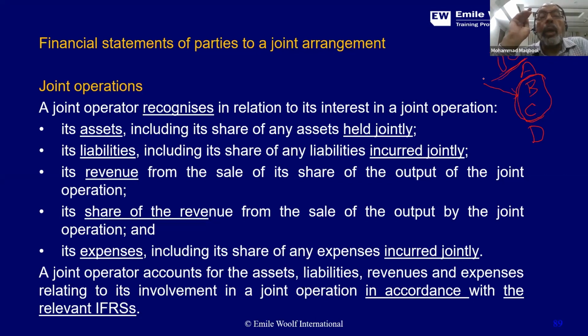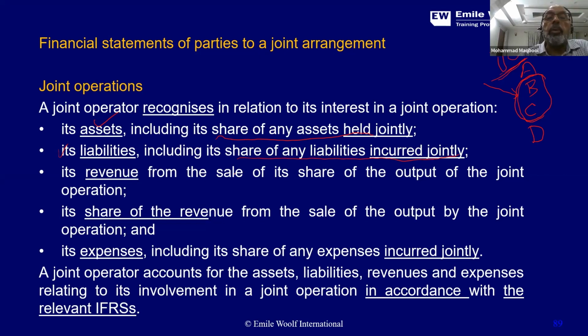A joint operator recognizes in relation to interest in joint operation: assets, own asset, and include the share of any asset jointly held. Liability is own liability and the share in the joint liability incurred jointly.